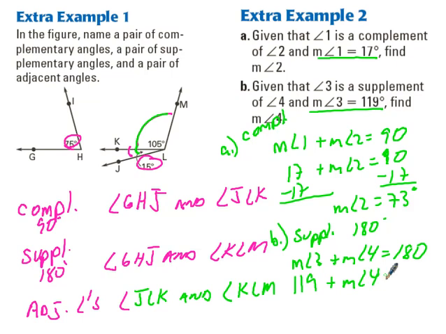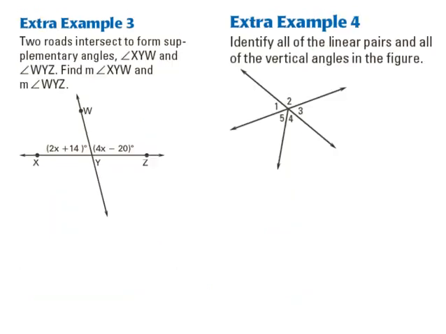Copy the rest down. And you're like, Mr. Keaton, I could do this in my head. Yeah, but this is how we show our work. And we get the measure of angle 4 is equal to, what is that, 71 degrees? Correct me if I make a mistake. Okay, complementary and supplementary.